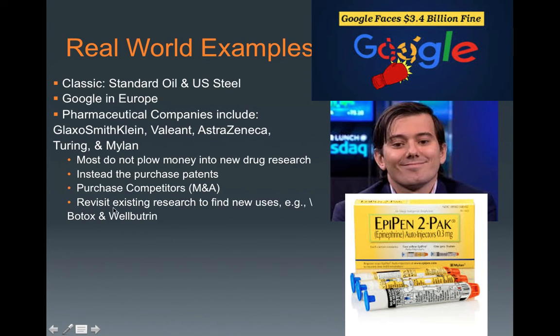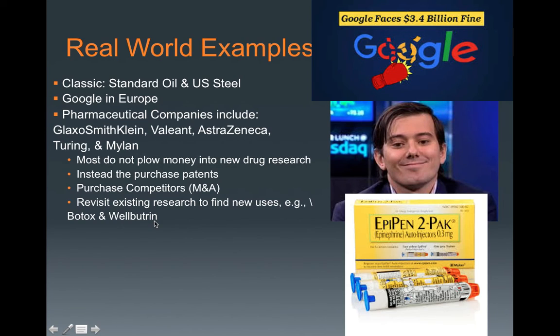Also, this is true as well. Many of the companies now are just using their existing drugs, and they're not researching new ones. What they'll do is, for example, go back and look over the research for their old medicines that they've created and find new uses. So like Botox, which used to be injected in people's foreheads so they wouldn't have as much wrinkle in their forehead, is now a headache medicine.